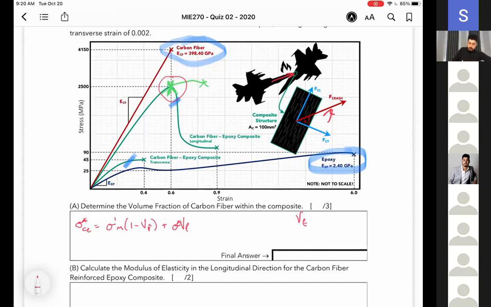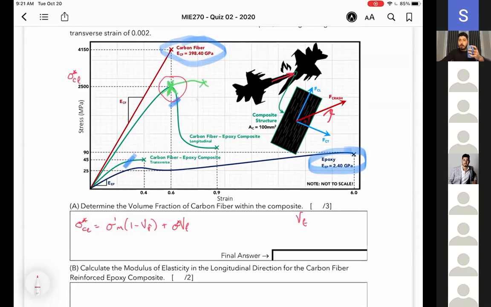What this equation allows you to find, sigma star CL, is this one right here. That's your strength in your composite. This is one of the basic equations for composites. Maybe she hasn't covered it yet, but you will cover it and you will see it on your midterm, so know this equation. It's very fundamental.